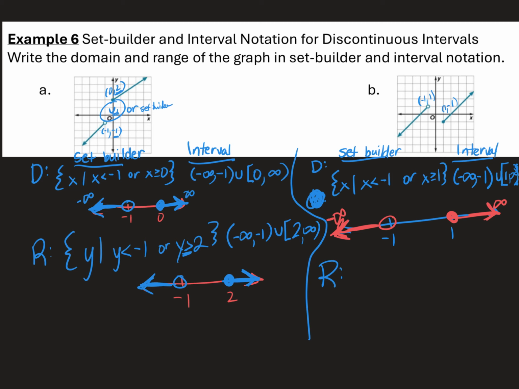Now let's look at the range. How far up and down? Well, it's going forever down and forever up, but there are limitations.